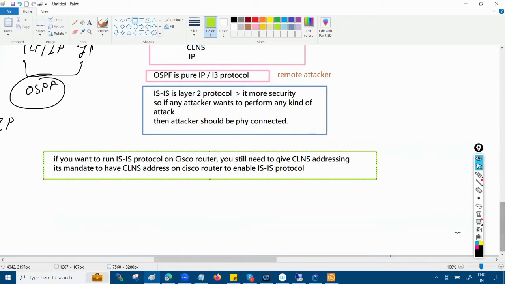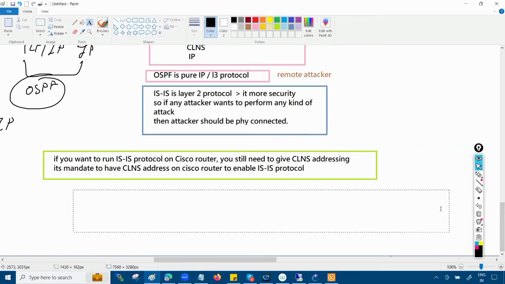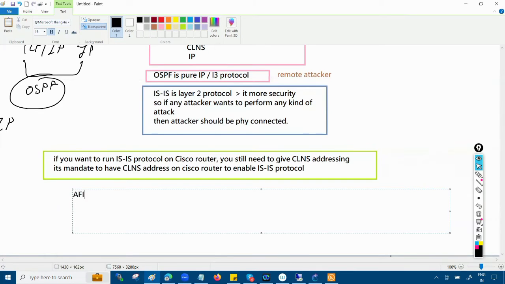Now, how can we give the CLNS addressing? Normally people give different names to the parts of the CLNS address, and we'll talk about those names. The first part of the CLNS address is called the AFI, Authority Format Identifier.